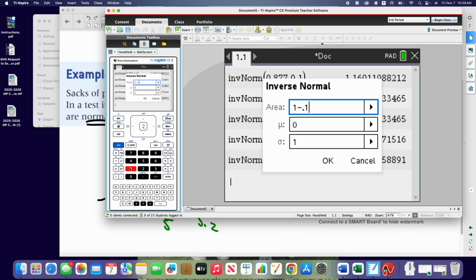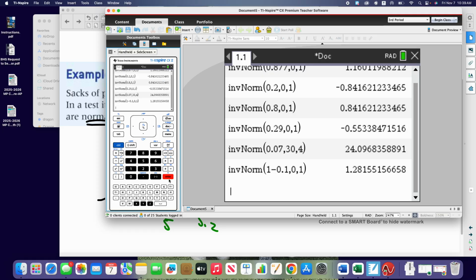Now, if I do this, you're going, well, the mean's not 0 and the standard deviation is not 1, but no, we're standardizing it. That is my z-score, all right? So we're going to bring it all to the same value. So if I were to do this right here, then what I just got right here, 1.282, that is my z-score. That is the z-score for anything in the 90th percentile. All right?